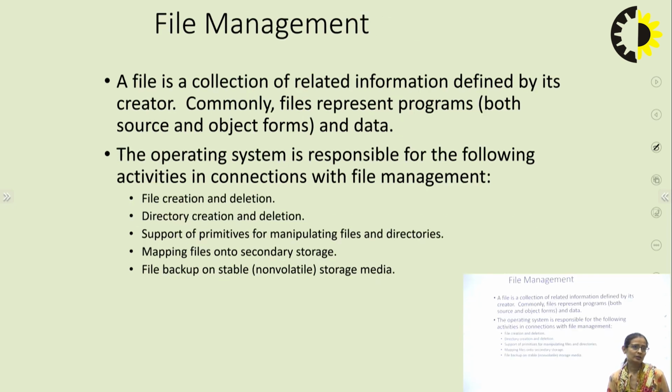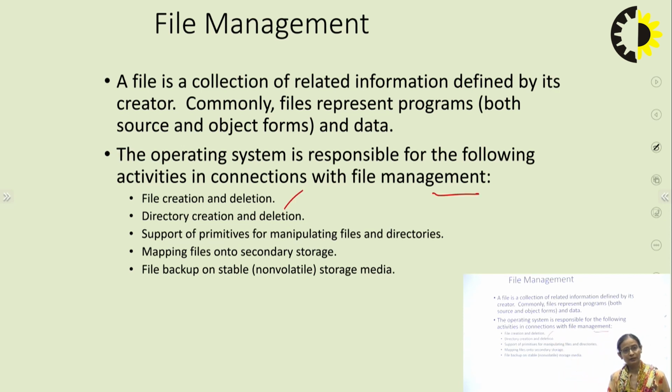Another important component is file management. We are aware that a file is a soft resource provided by the system to us, on which we work. A file is a collection of related information defined by its creator. Commonly, files represent programs, both source and object forms, and data. The OS is responsible for the following activities in connection with file management: file creation and deletion.